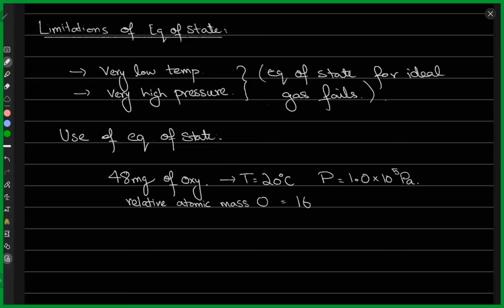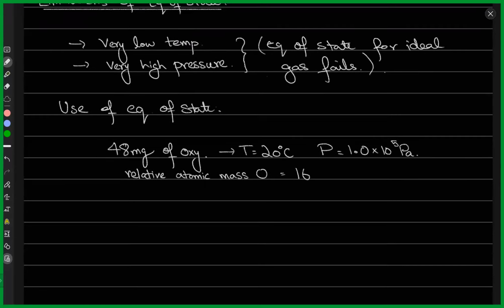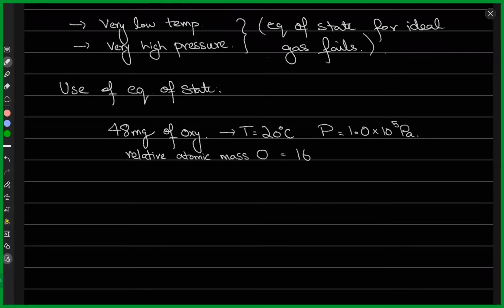Okay, now a very important thing that we'll be talking about when we discuss the topic of temperature: in thermodynamics, whenever we use this equation of state or any equations, they work as long as the temperature is measured in kelvins.